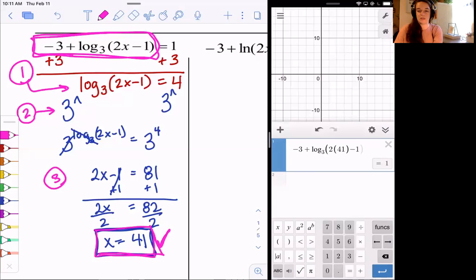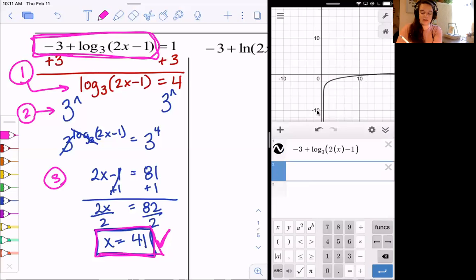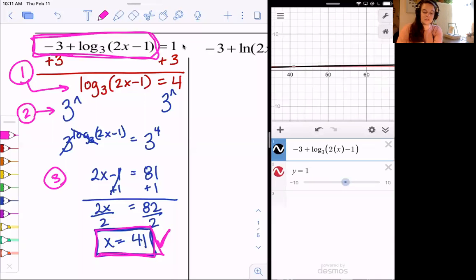Y'all want to see a quick, cool calculator skill? Let's say you put x here instead. If you put x here, you're going to get the log graph, right? And then if you say, okay, I want that to equal y equals 1, because 1 is what the other side of the equation is. And then I go to where they touch.